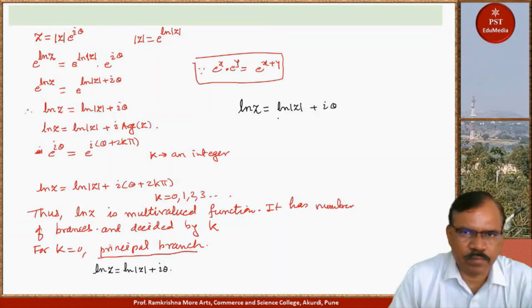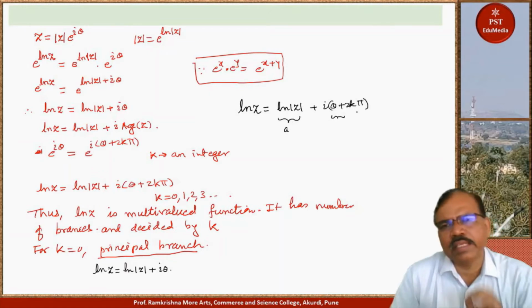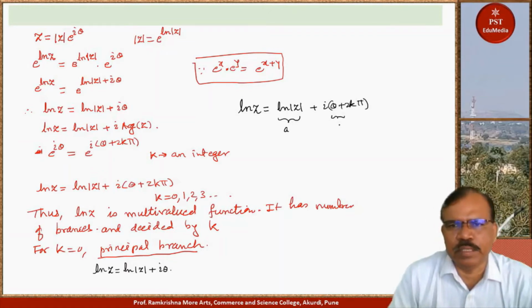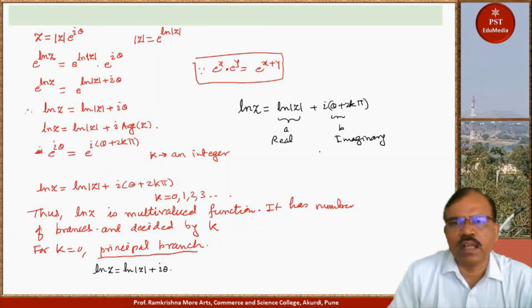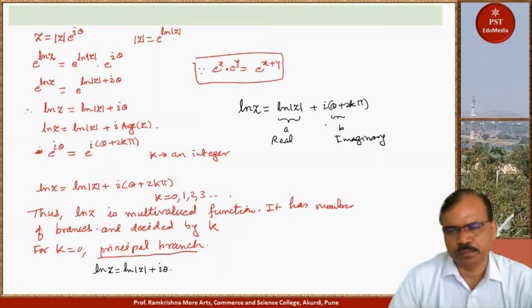I will take this as a and this as b. Where k is equal to 0, it is the principal value. So a is the real part and b is the imaginary part, and for k equal to 0 we get the principal real part and principal imaginary part.